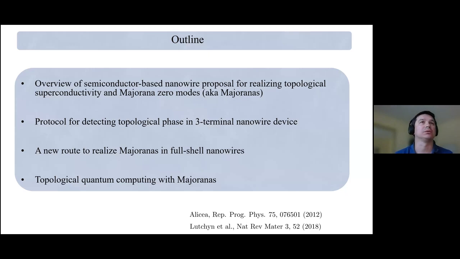And so I would like to show a protocol that we developed at Microsoft, which is based on 3-terminal nanowire transport. And then I want to talk about a new proposal to realize Majoranas in full shell nanowires, and finally conclude with some ideas about topological quantum computing.